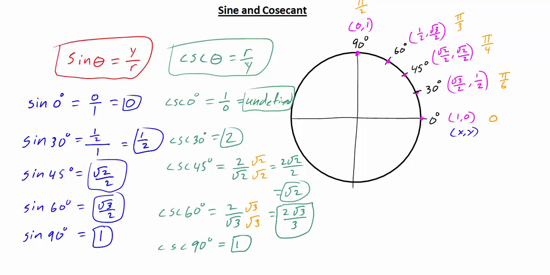So there's 2 of our 6 trig functions, and in the next video we're going to look at 2 more, and they're going to have kind of similar properties, so you need to make sure you memorize the definition for these trig functions. So sine is basically your y value, y over r, and cosecant is r over y. Definitely commit these functions to memory. The better you understand these, the easier this course will be for you.